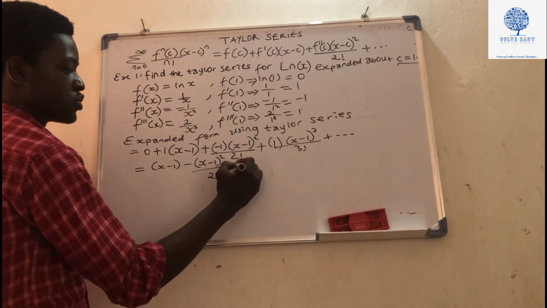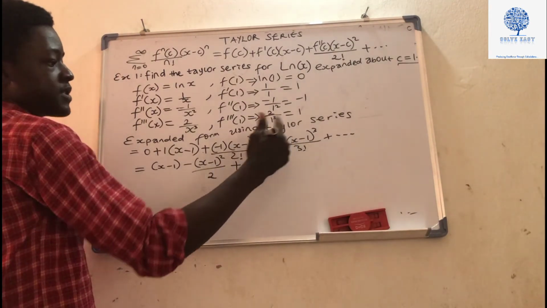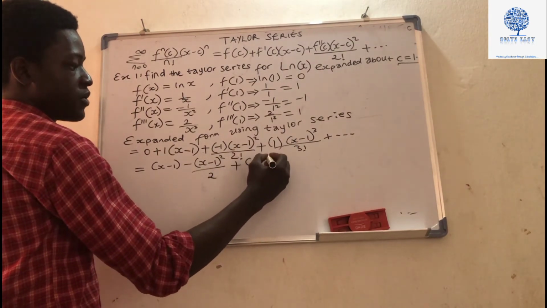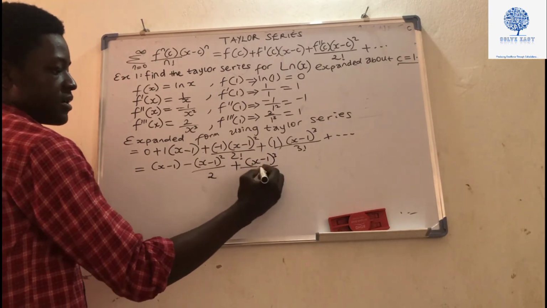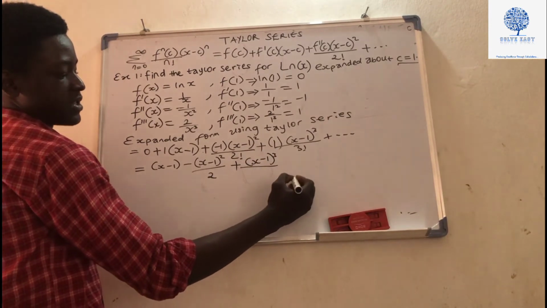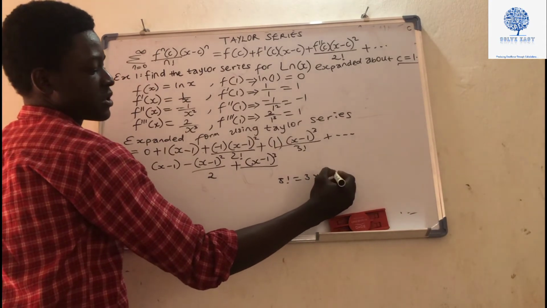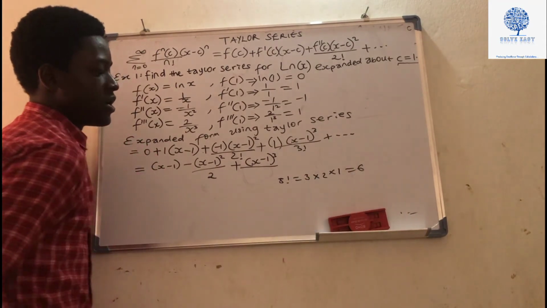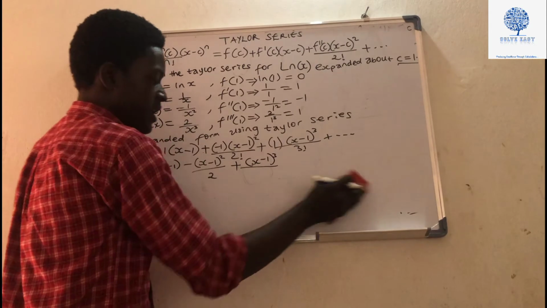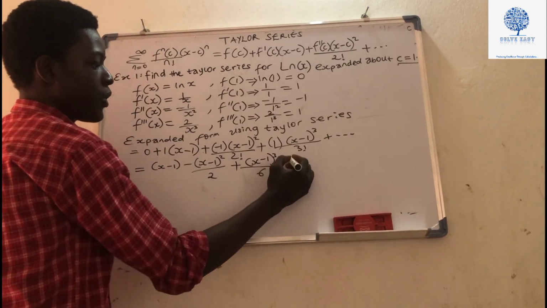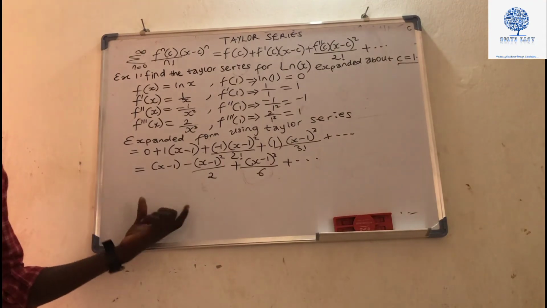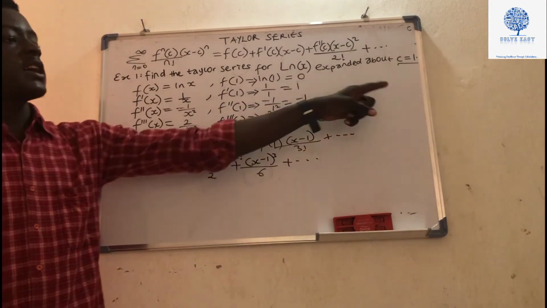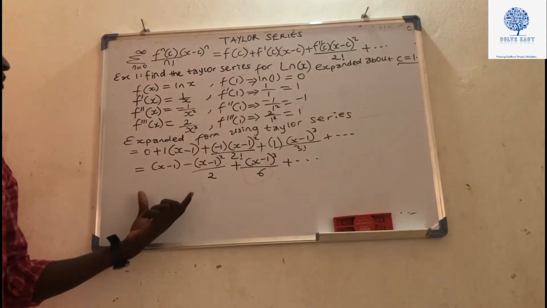We have plus 2 times x minus 1 cubed, which still gives us x minus 1 to the power of 3, and we are dividing by 3 factorial. 3 factorial is equal to 3 times 2 times 1, which is equal to 6. So this gives us divided by 6 plus, and it keeps going on and on. So the expanded form, or the Taylor series, of ln x at c equals 1 gives us this expanded function we have.